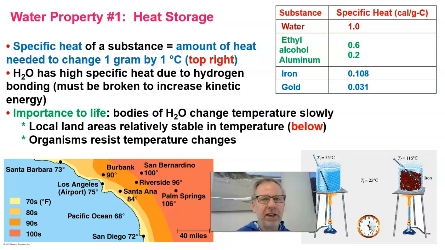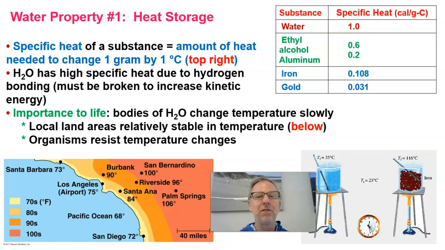The second bullet here answers this. It has a high specific heat. It takes a lot of energy to raise or lower the temperature because of the hydrogen bonds. It takes energy to break the hydrogen bonds and get the water molecules moving faster. And remember, that's what temperature is.